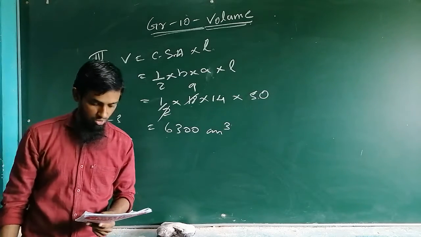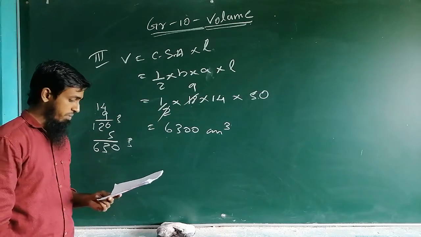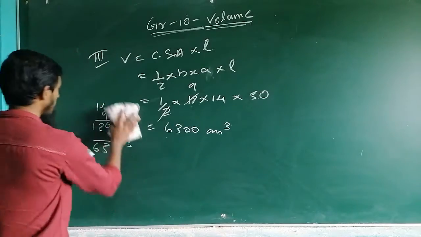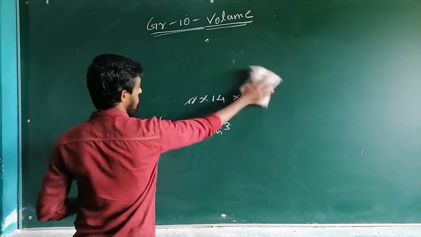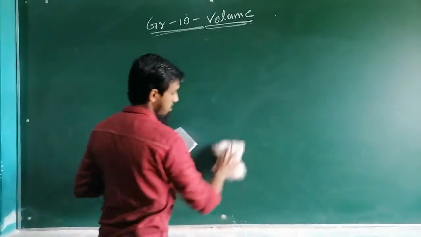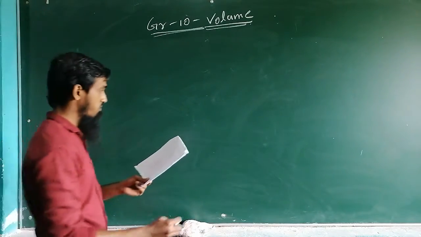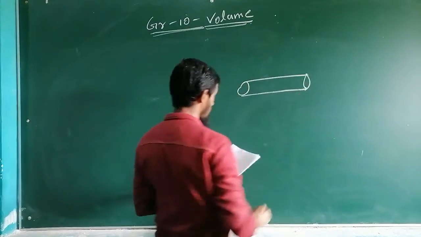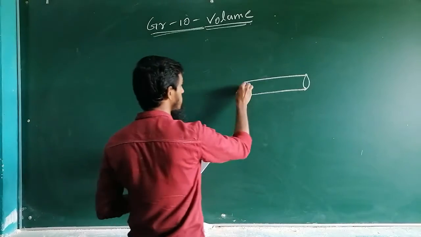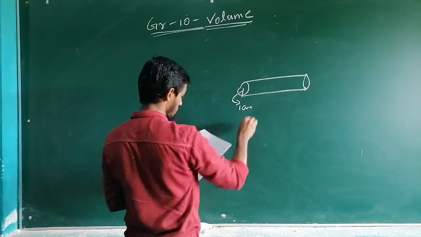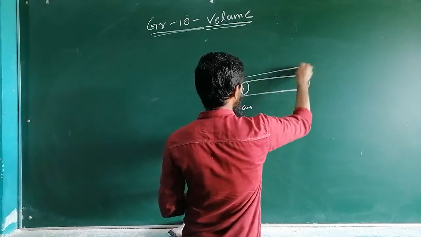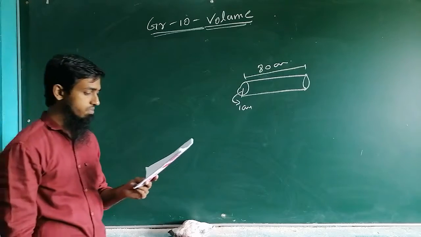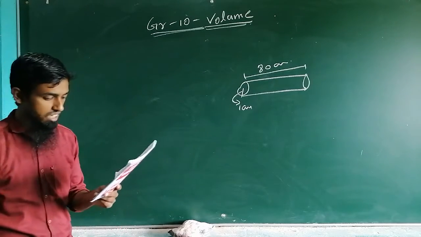Okay, go for the fifth question. A metal cylindrical shape iron rod. Draw a small figure, then you can easily understand the data. A cylindrical iron rod with radius 1 centimeter and length 80 centimeter is melted and another cylinder is made.